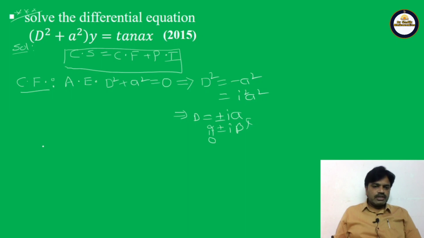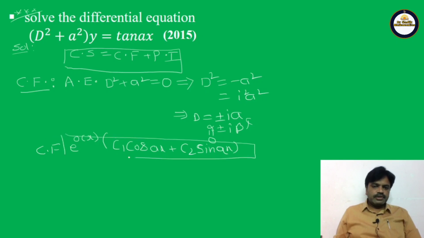So what is the complementary function here? e power alpha x, and alpha is 0, so e power 0 into x, into c1 cos beta x. Beta is a, so cos ax plus c2 sin ax. So this is the complementary function.